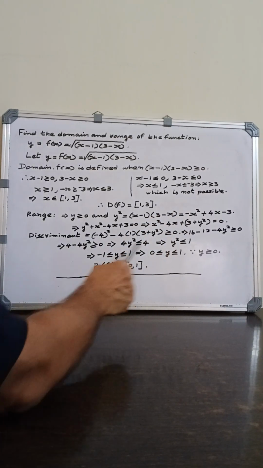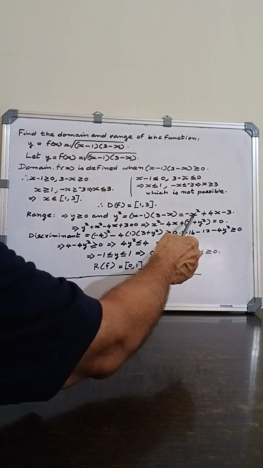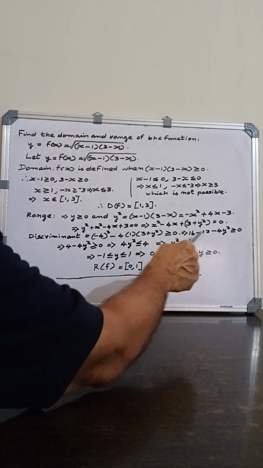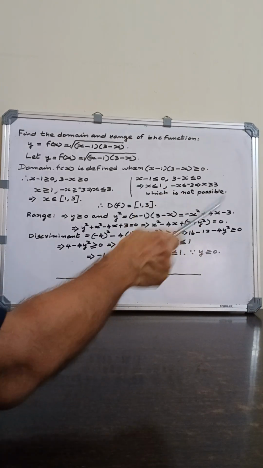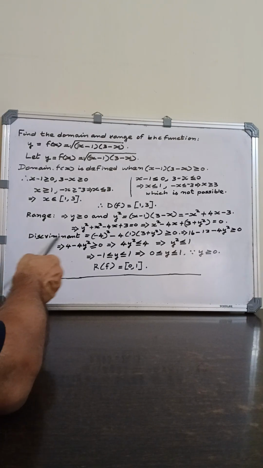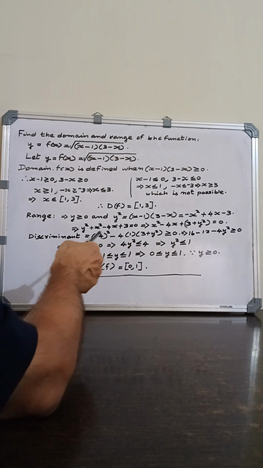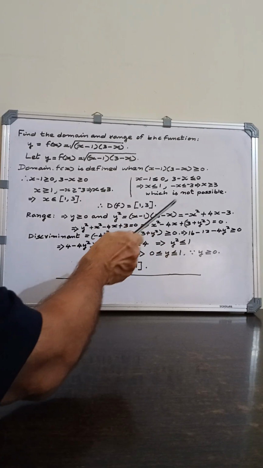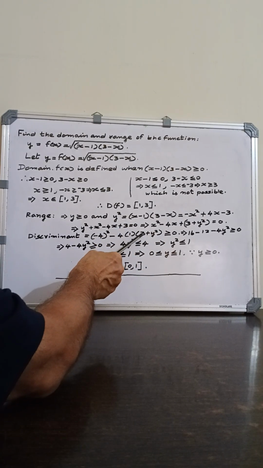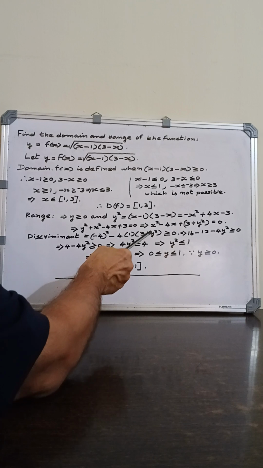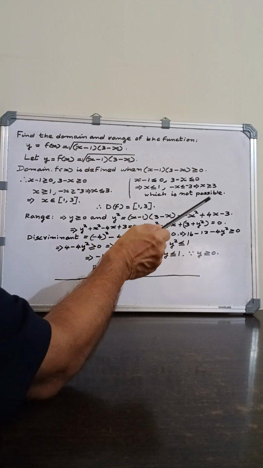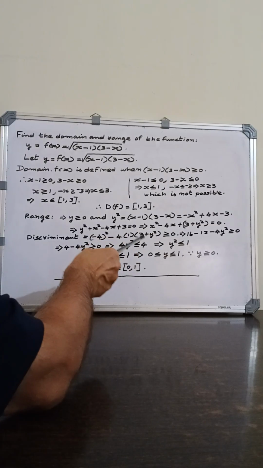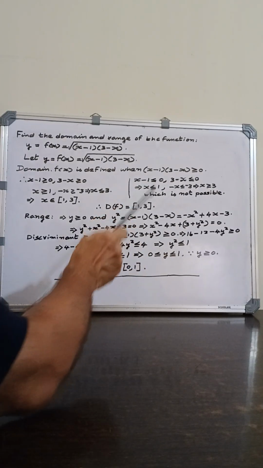For taking the discriminant, I have conveniently separated these two. 3 plus y squared can be grouped as one single term. Therefore, discriminant b squared minus 4ac: minus 4 the whole squared minus 4 into a into c, where a is 1 and c is 3 plus y squared, greater than or equal to 0.